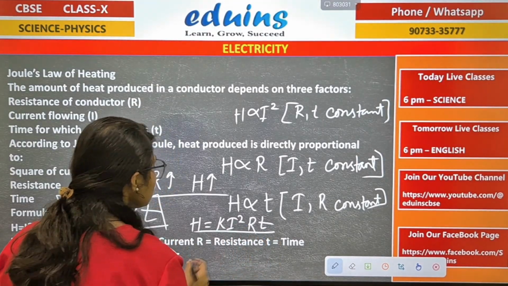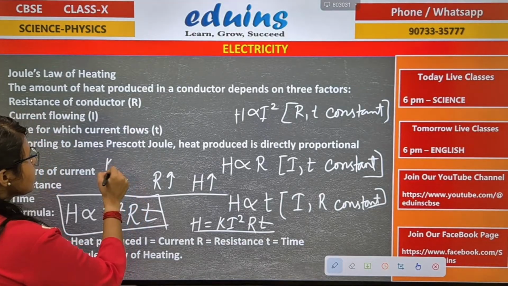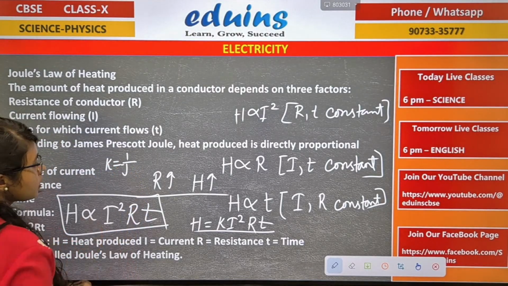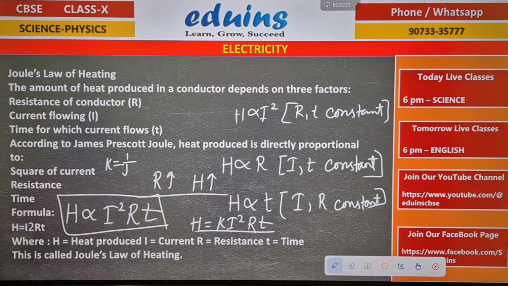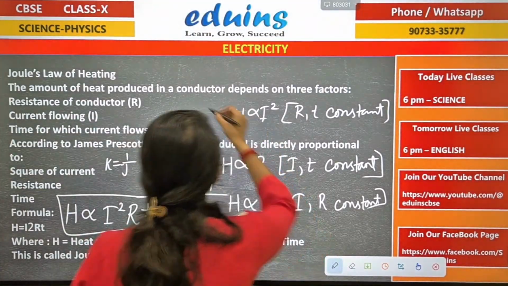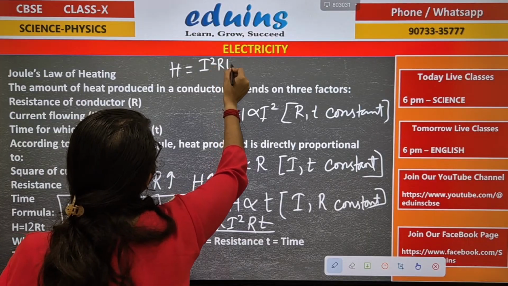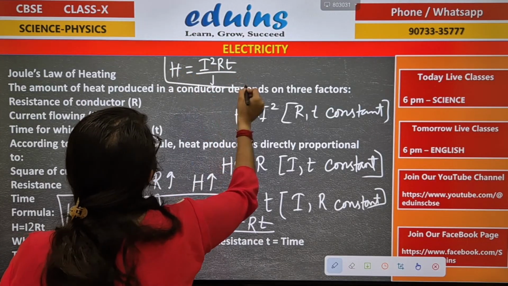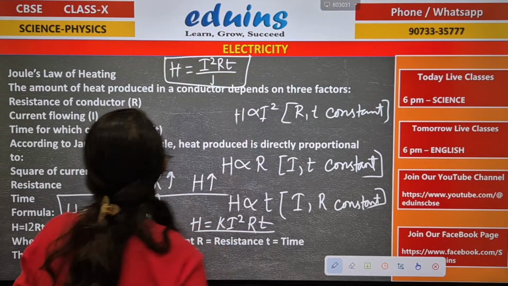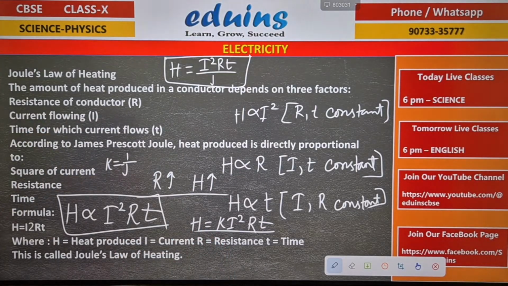The value of K is equal to 1 by J because this is the constant. So from here we get H is equal to I square RT by J. This is the mathematical formulation of Joule's law of heating.